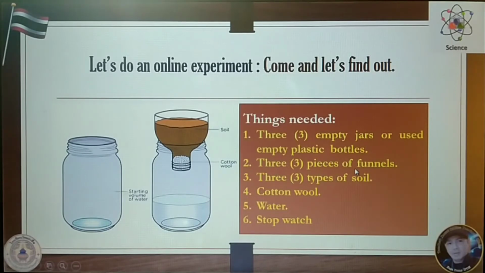Number 3, 3 types of soil. Number 4, cotton wool. Number 5, water. Number 6, stopwatch.